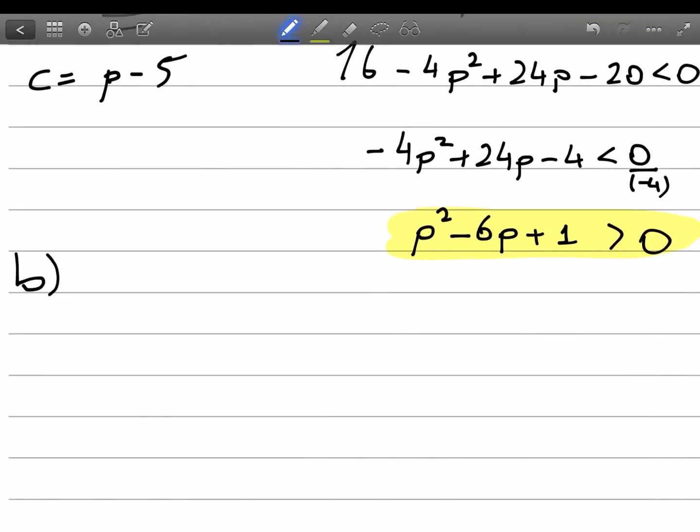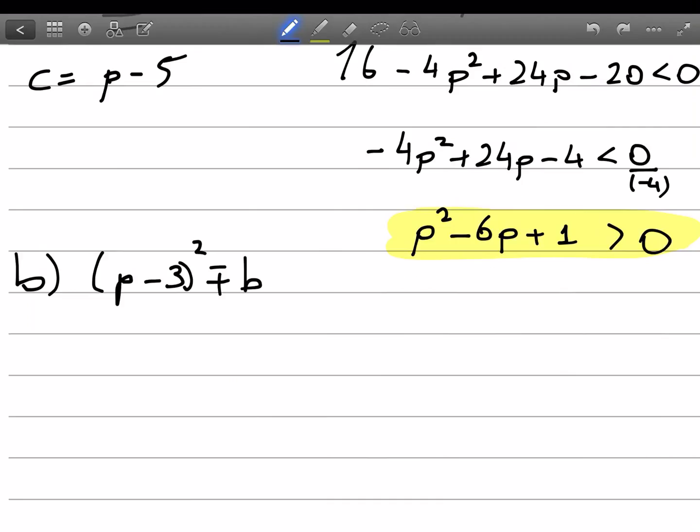And what should we do? We have to complete the square, like p minus 3 squared plus or minus something.